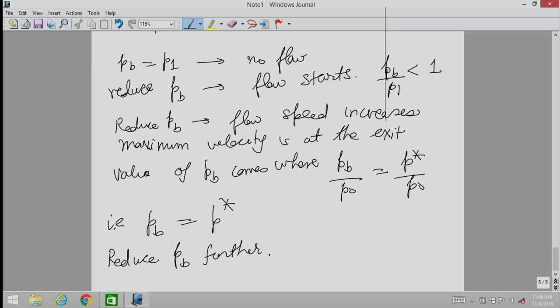Now what will happen is if you reduce PB further, then the flow in the channel stays the same. It will stay that way, just till the end of the channel, it becomes sonic. And then the reduction of pressure further from P star to PB will happen outside the channel, because in the channel there is no mechanism by which the pressure can be reduced further.